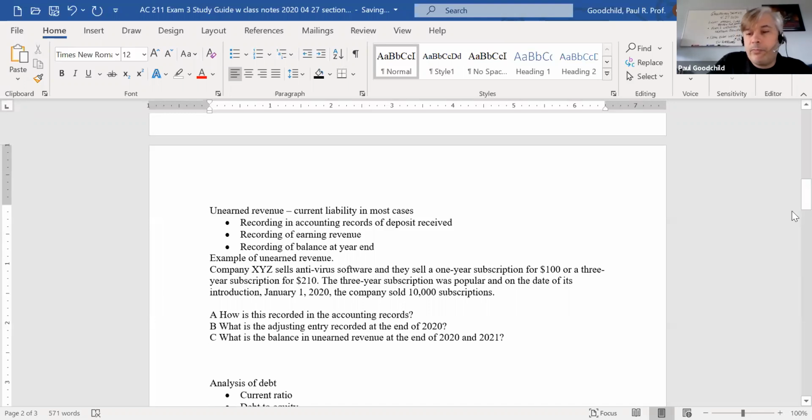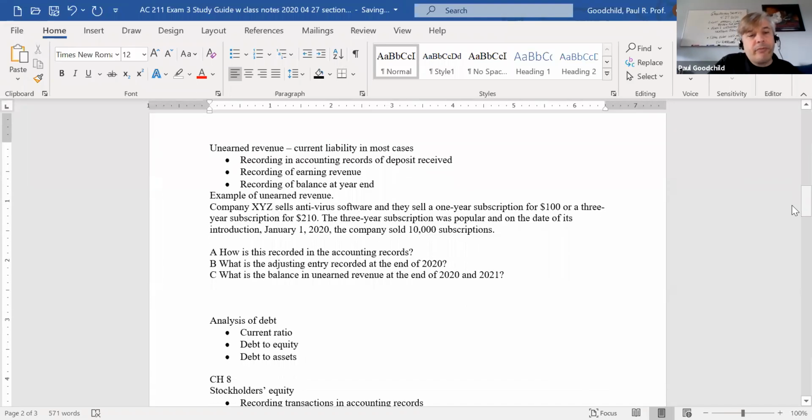Okay, so this is an example. You won't find it anywhere. I just kind of pulled it out of my head here. Did one similar for the class earlier this morning. So take a second to read that.